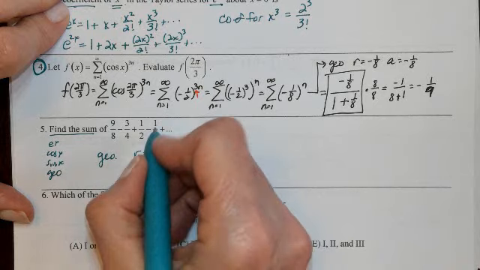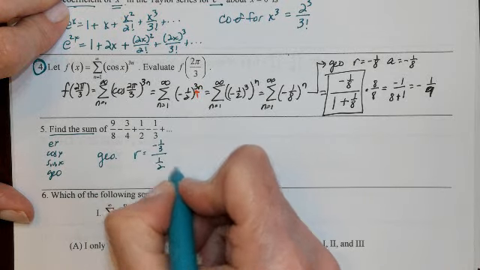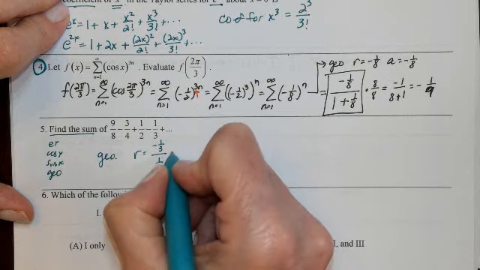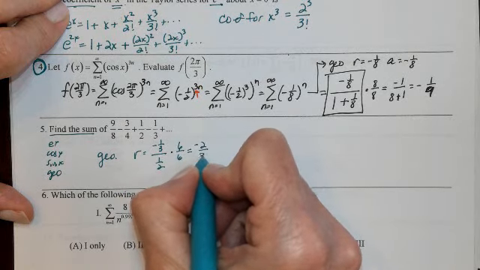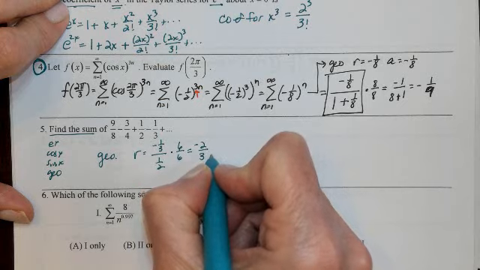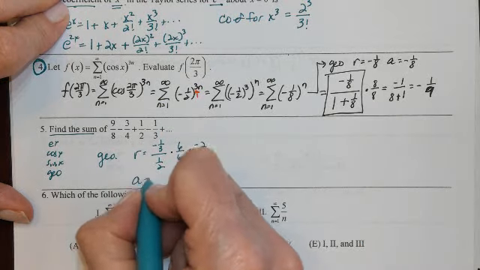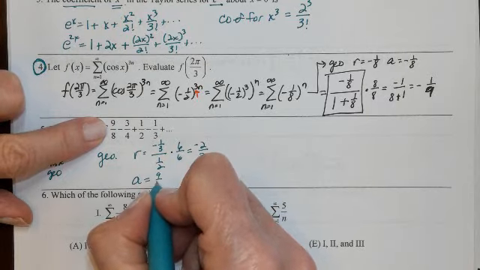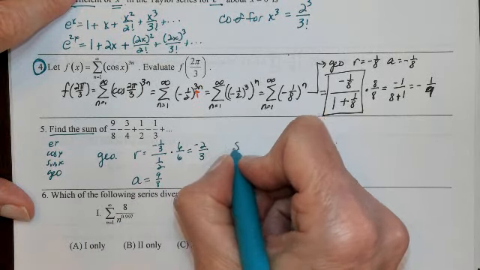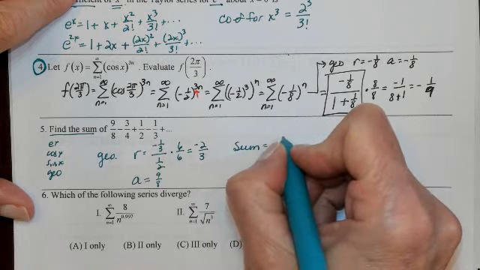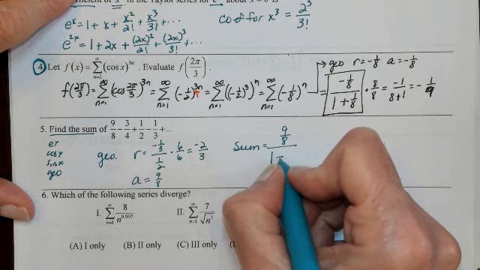I'm going to choose this term, negative 1/3, and I'm going to divide by the term in front of it. If I multiply top and bottom by 6, I get negative 2 over 3, right? So that is my r value. The first term is 9 over 8. So the sum is a over 1 minus r.